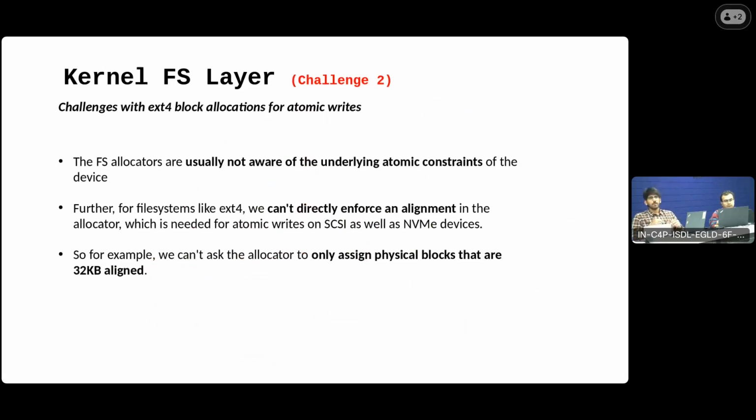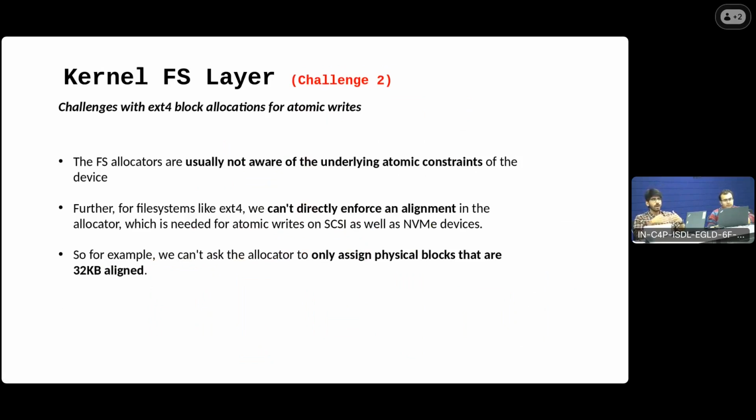So now where atomic write constraints come into play is that these block allocator algorithms, up till now, the ext4 block allocator algorithm or even the XFS algorithm, are not aware of atomic constraints, right?